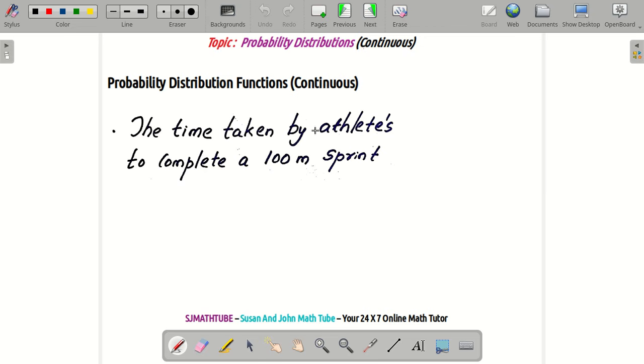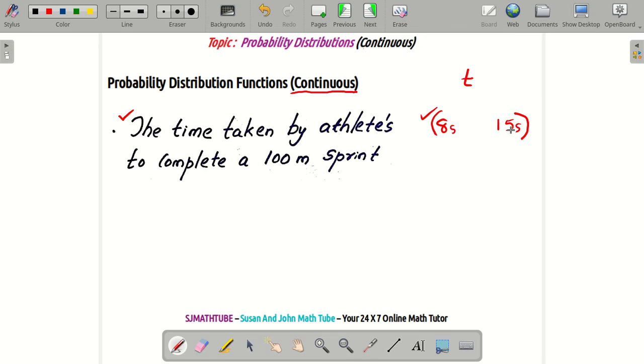Let's say 8 seconds to 15 seconds. I'm not sure about the correct answer, but let's guess. Let's say it takes somewhere between 8 seconds and 15 seconds. So this is an example where we measure in a continuous scale. Look at this. We are not able to tell the exact answer, but we are able to give an interval.